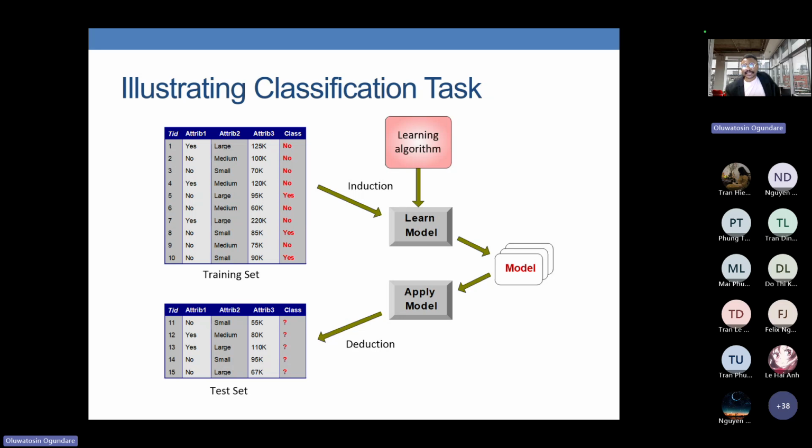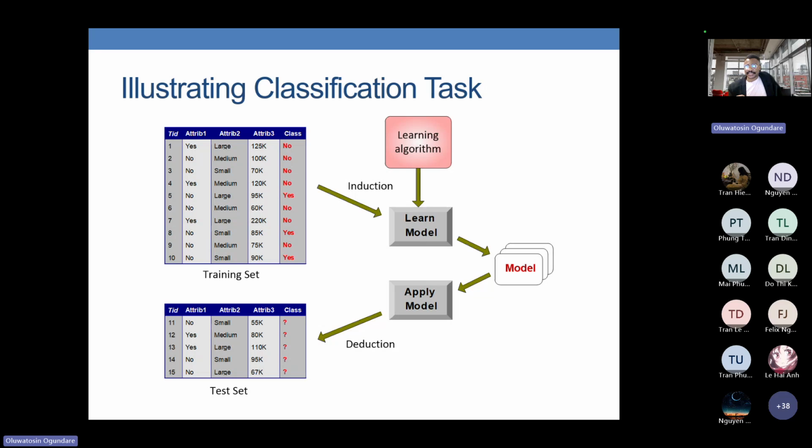And someone said yes, medium, and 80K, and we don't know what the answer is here. But it looks like it should be a denial. Someone said yes, large, and 110K, but there is no example where someone said yes and they got their loan approved. So it seems like this would also be denied.